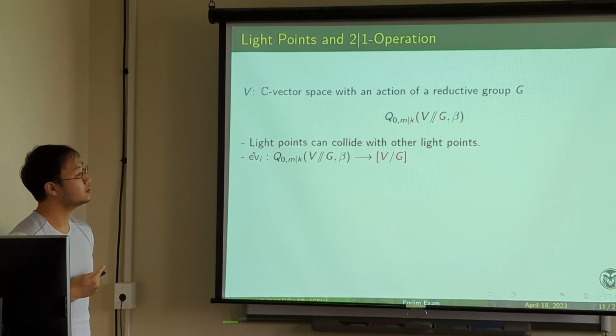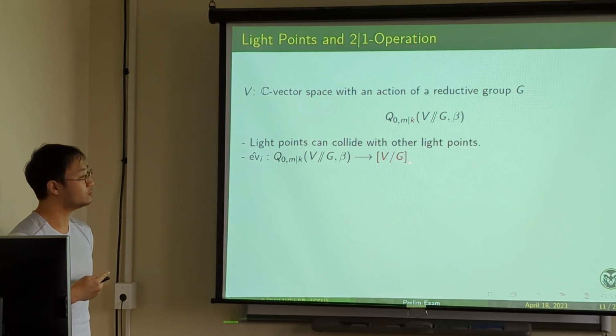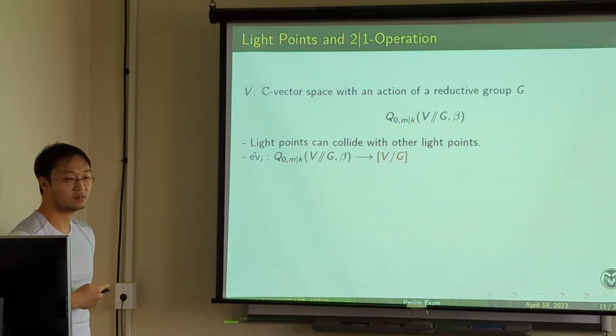For the GIT quotient, basically you throw away the unstable locus and then do the quotient. But for this space, we do also have information about the unstable locus. And when we take the evaluation map at light markings, they can go to the unstable locus.